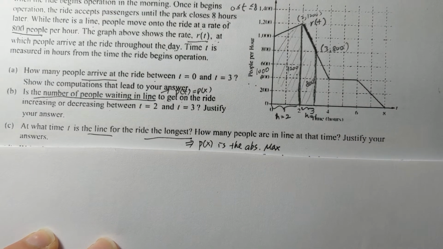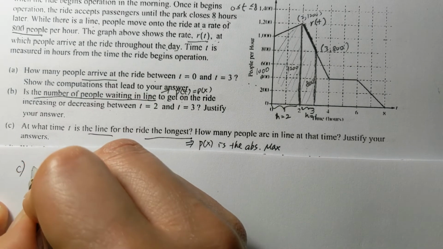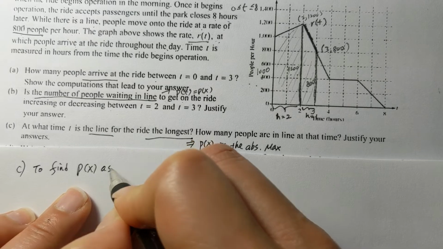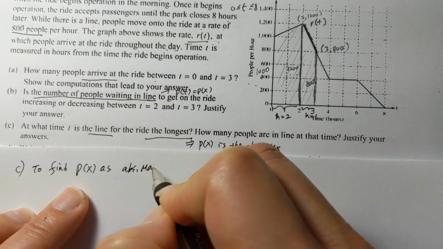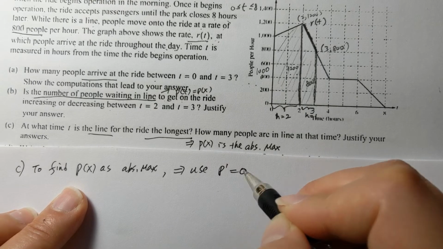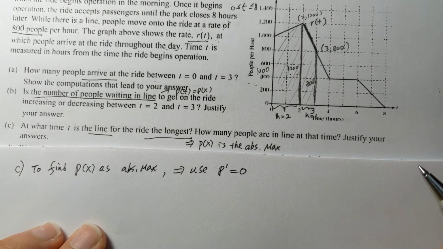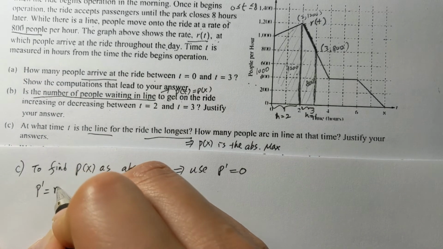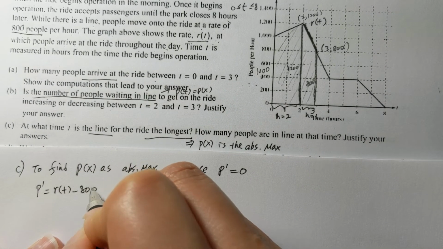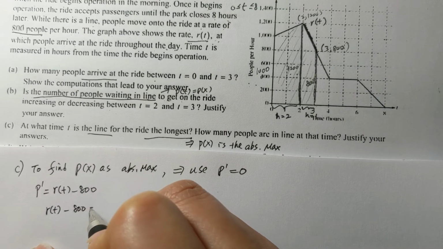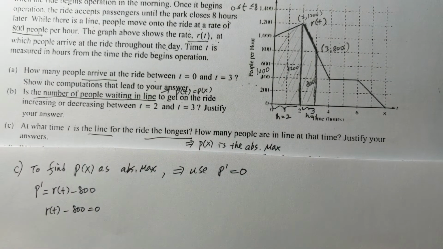So we're still going to find the absolute max like the other problems. So for part C, to find P of x as absolute max, we're going to use P prime equal to 0, just like what we did before. From part B, we know that P prime equals R(t) minus 800. So we're going to make R(t) minus 800 equal to 0.